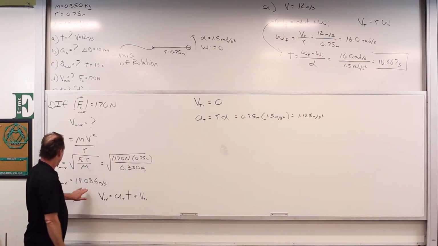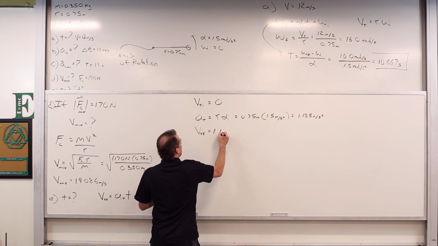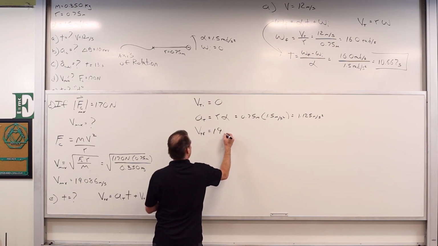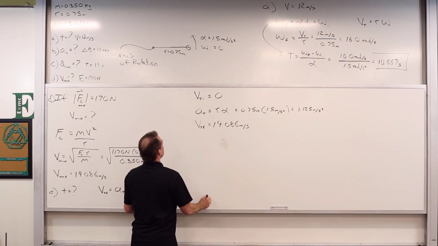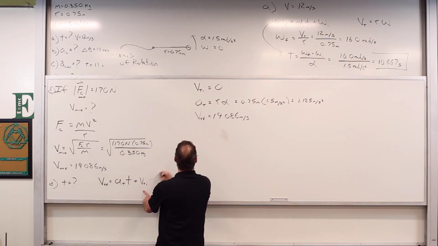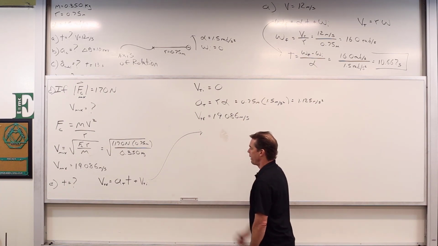And here is our final velocity. V tangential final is 19.086 meters per second. So, with this expression for tangential velocity as a function of time, we solve that out for time.